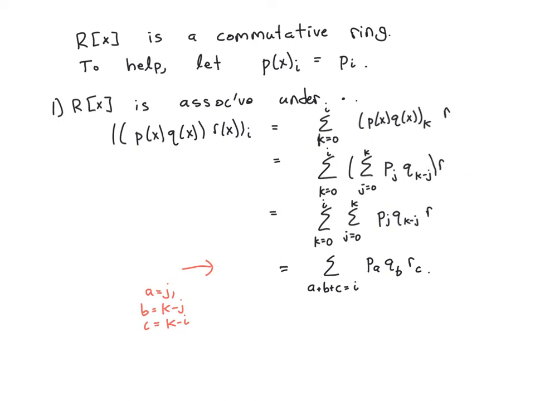Those should be i minus k's. There we go. It's recognizing that what this is doing is, when you add j, k minus j, and i minus k, you get i. What is this double summation really doing? It's summing over all ways to write i as a sum of three non-negative integers. It doesn't matter if you call those non-negative integers j, k minus j, and i minus k, or a, b, c.